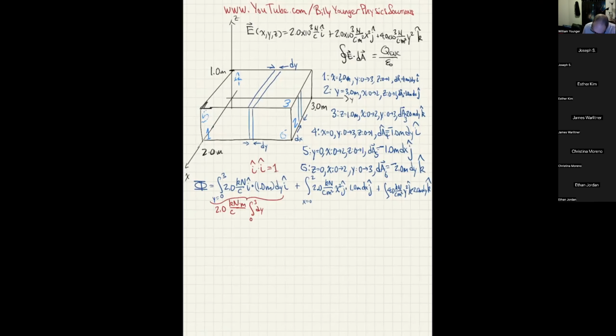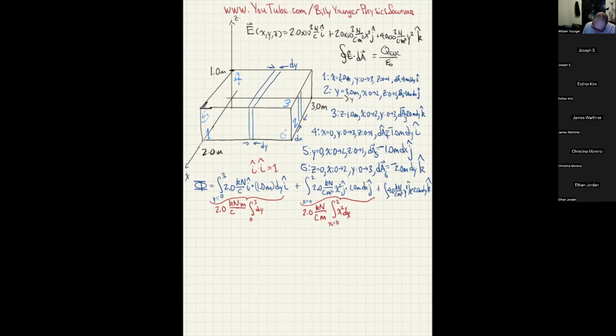Something similar will happen to all this. I'm going to get 2.0 kilonewton. Notice I had a coulomb per meter squared in the bottom. That's going to get rid of one of those because I have that 1.0 meters. So that's going to be coulomb meter. Now I'll have the integral of x squared dx, and that's from x equals 0 to 2.